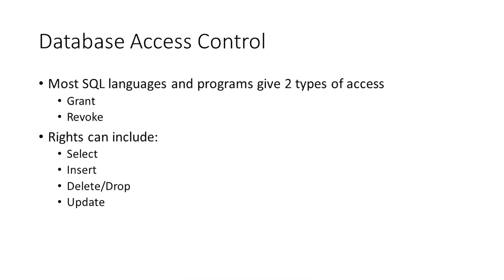Rights allow us to do different things with the data, and depending on whether we grant or revoke access, they allow us to do a few different things. The typical ones that we're going to see are select, insert, delete. It's also called drop, if we want to drop some data or delete data, and then update as well, which is modification to the data. Now that's pretty much standard across most databases.